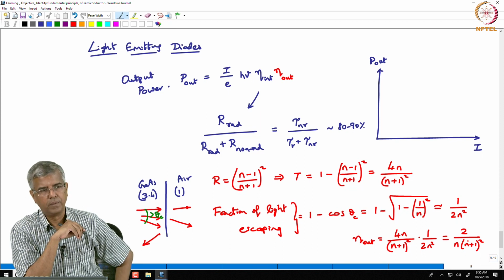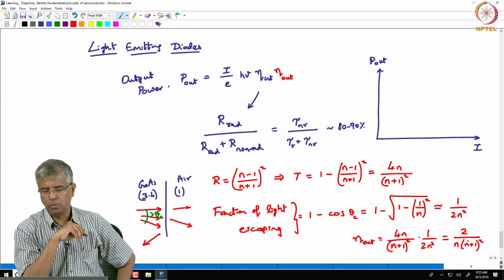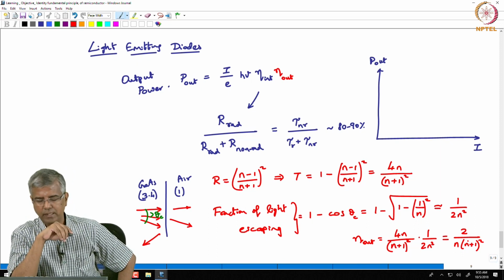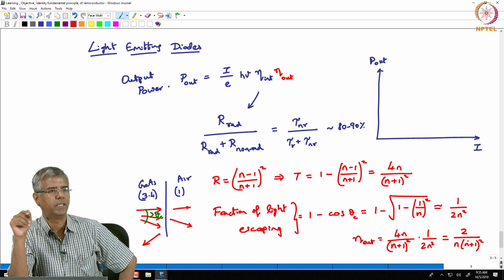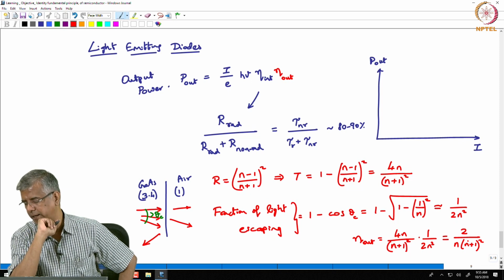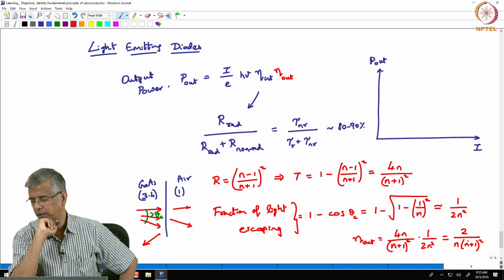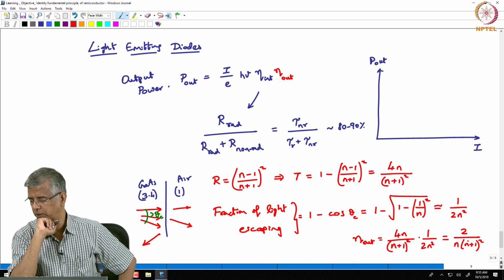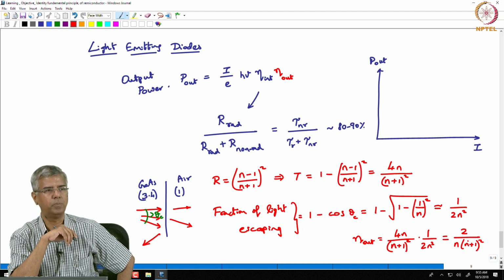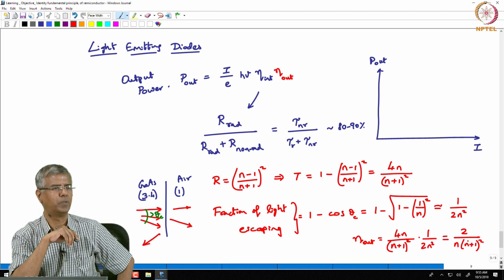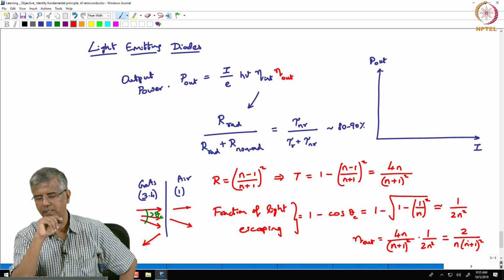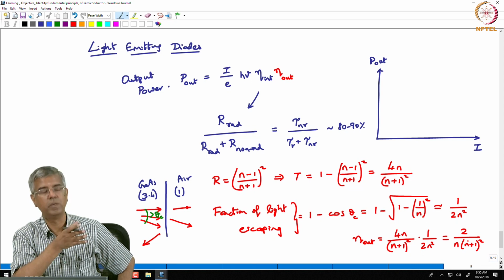Okay. So only a fraction of the light that is emitted is actually coming out of that structure. And if you substitute n equal to 3.4, that is 2 over 3.4 multiplied by 4.4 square. So that is a very small percentage, just a few percent, right. It is only a few percent of the light that comes out of this normally.